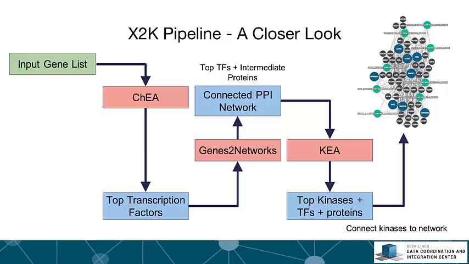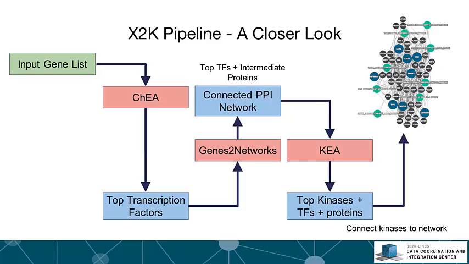And here's how that works. Your input gene list first gets piped into ChEA, which will identify the set of top transcription factors, the ones most related to your input gene list, which will then be piped into genes to networks, where it will seek to find intermediate proteins that connect these transcription factors.